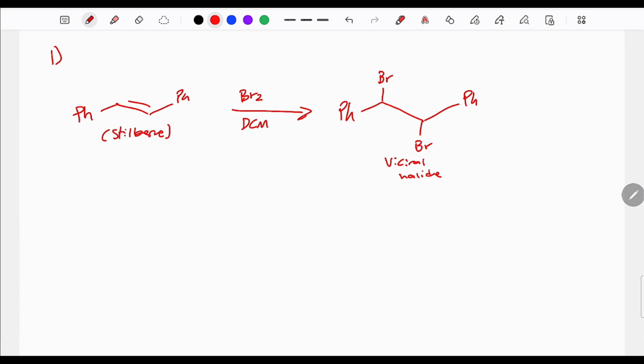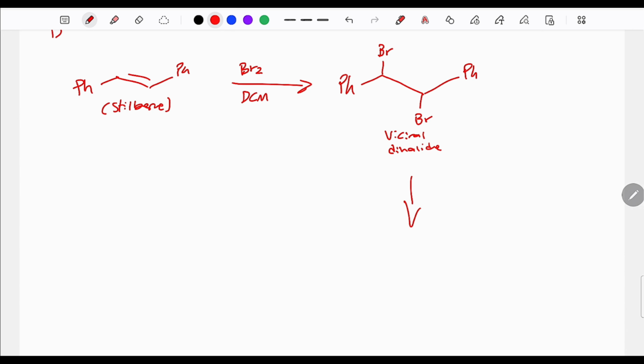This is a reaction from the previous video, right? We have done addition of Br2 to an alkene. Okay, this should be no surprise. So why am I showing you this? Because this vicinal dihalide, or dibromide in this case, I can turn it into an alkyne.